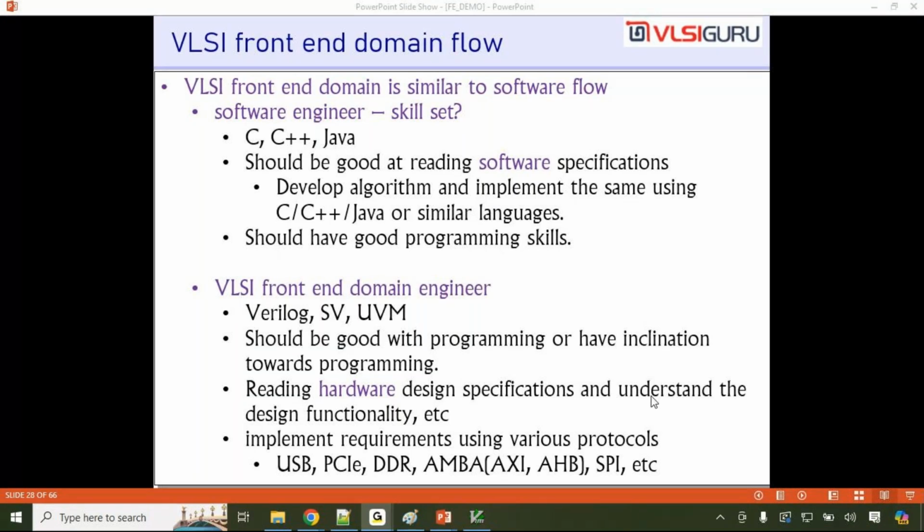If you are from an electronics domain, you would have done C programming sometime in the first year, right? First or second semester. But it's a very good domain to be in. Why it's a good domain is that it's almost an evergreen domain. Even during the recession, we were able to find job opportunities. Even during the recession, companies were hiring.